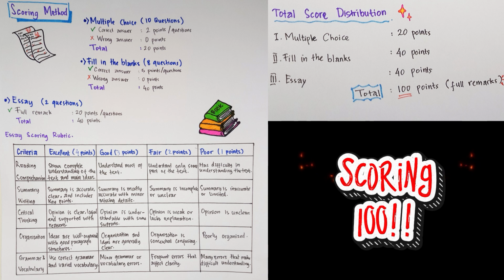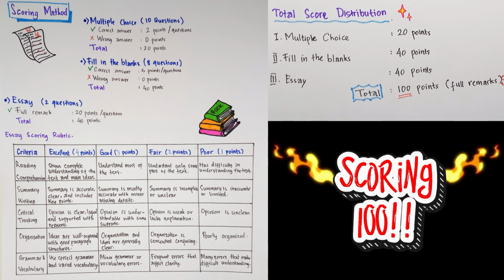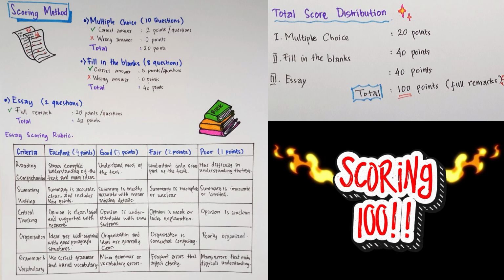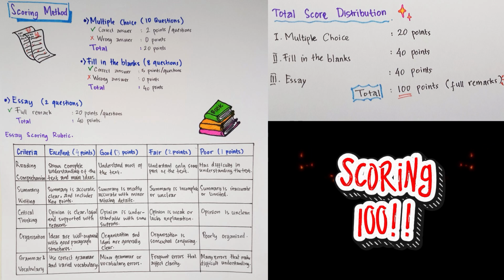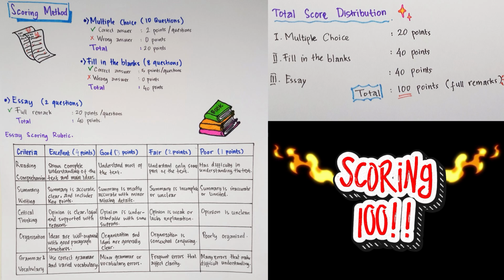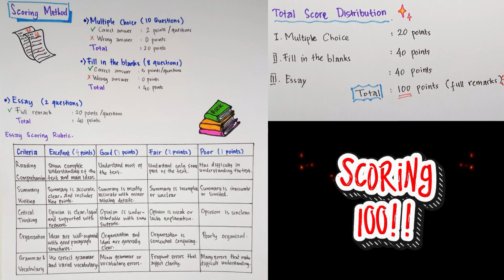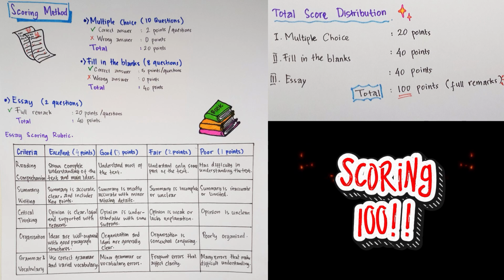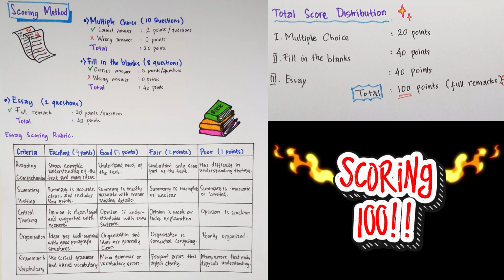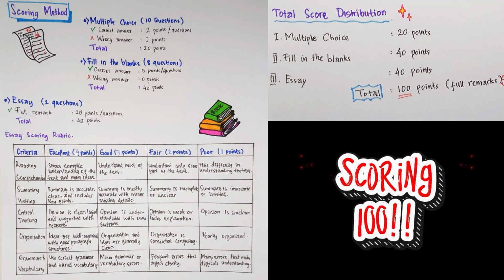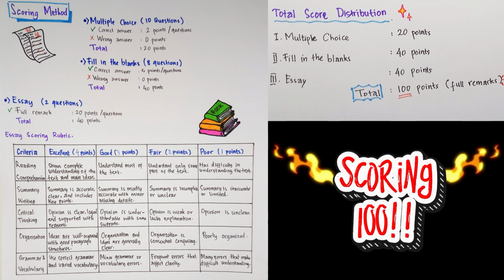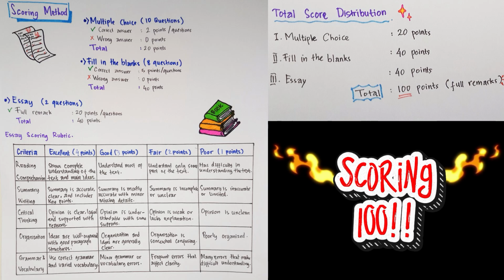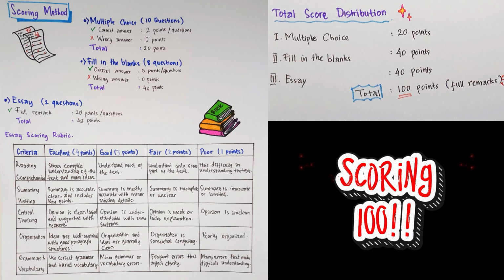Students who perform excellently show complete understanding, clear summaries, logical opinions, well-organized ideas, and accurate grammar. Meanwhile, students with lower performance may show unclear understanding, incomplete summaries, weak organization, and frequent grammar mistakes.